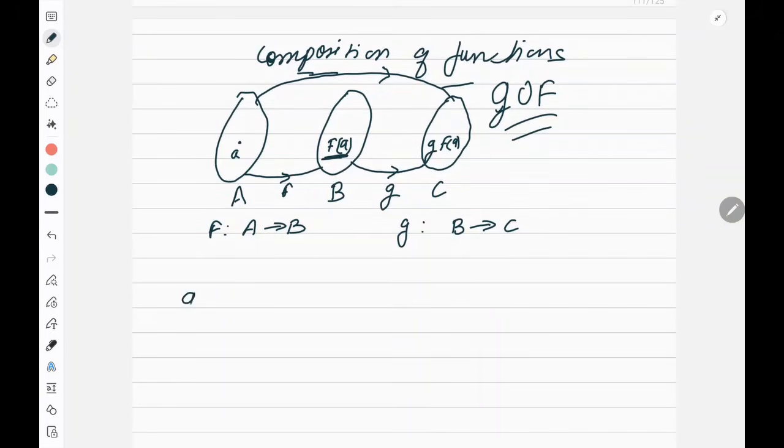So basically g∘f is a mapping from A to C. Obviously when I am saying A to C, A becomes my domain and C becomes my codomain, and the elements of C which are mapped are the range. Diagrammatically or pictorially, we can show it like this, and this is how you can understand the concept.